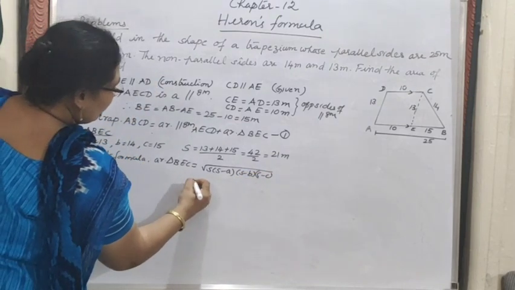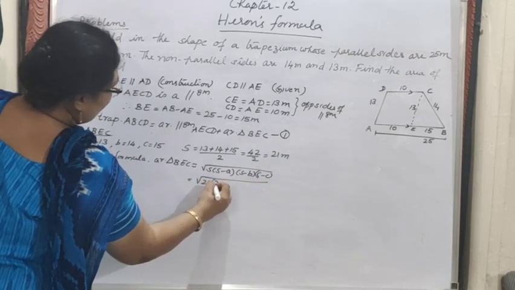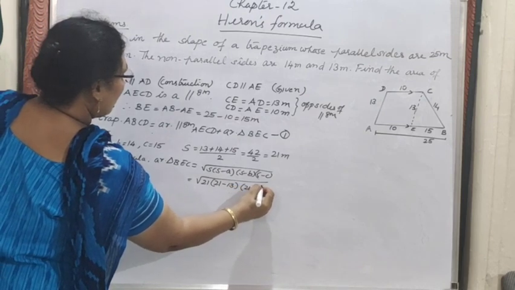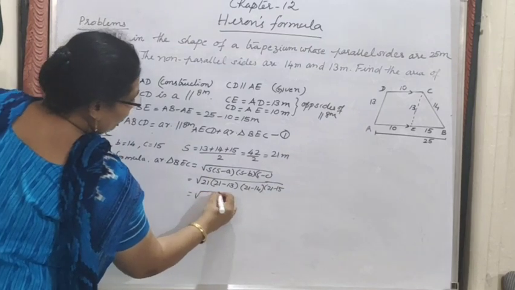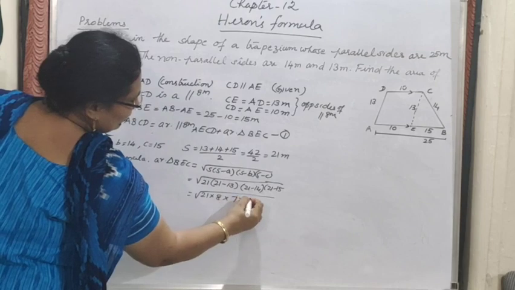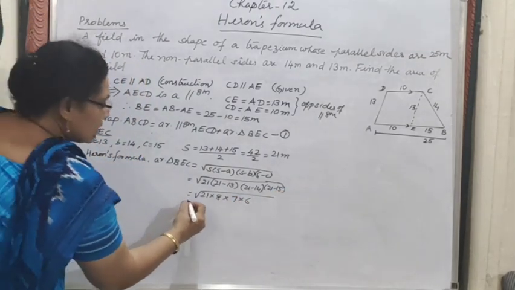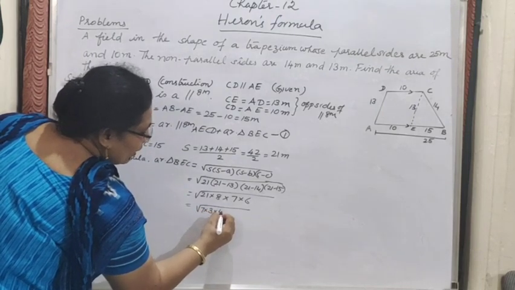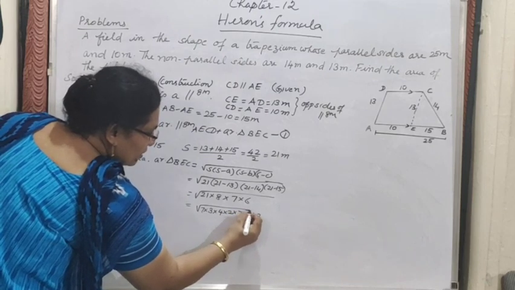It is equal to root of 21, 21 minus 13, 21 minus 14, 21 minus 15. Root of 21, 8, 7, 6. So 21 can be written as 7 into 3. 8 can be written as 4 into 2. And 2 into 3 as 6.